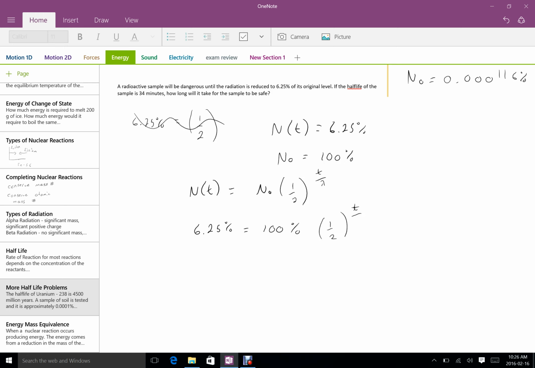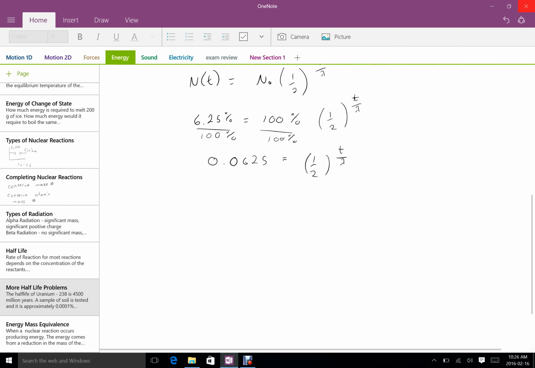Now, dividing both sides by 100%, or really not doing anything, just dividing by 1, I get 0.0625. I just converted my percentage to a decimal. So what I have to figure out is what exponent I put on 1/2 to get 0.0625.